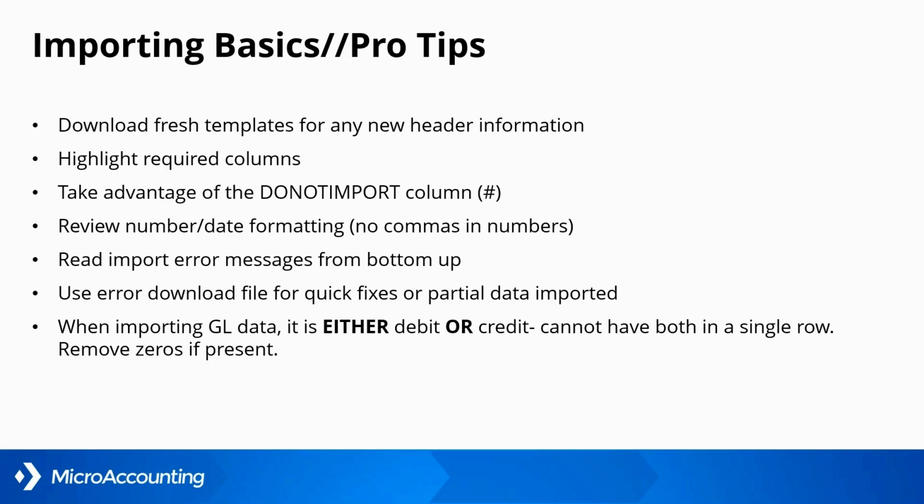Another thing that we just wanted to remind you of is that when you are importing GL data, it is either a debit or a credit. You cannot have both in a single row, and you need to remove zeros in the opposite row if present. So if I have $100 in the debit column, I cannot have a 0 in the credit column, or I cannot have a 50 in the credit column.